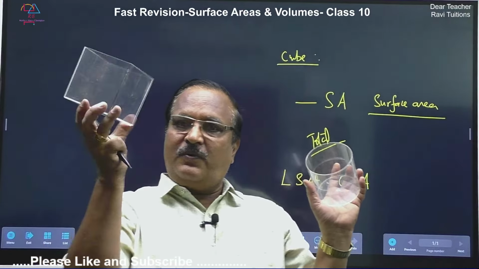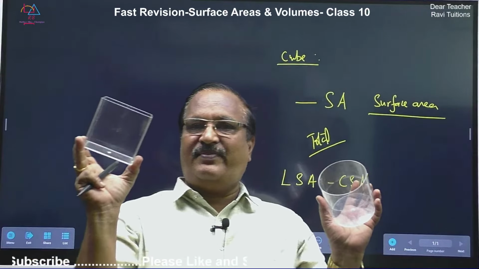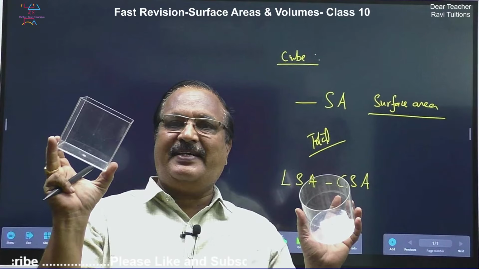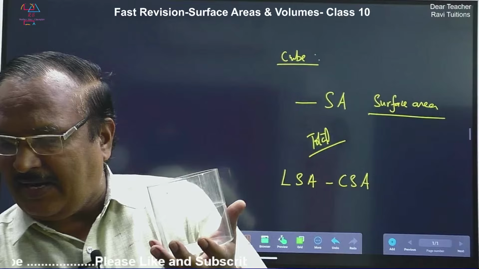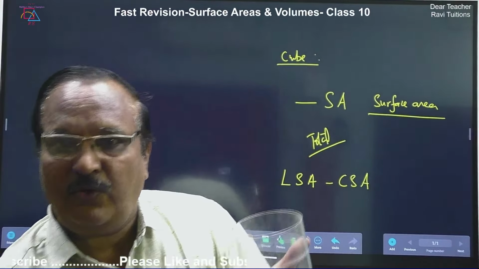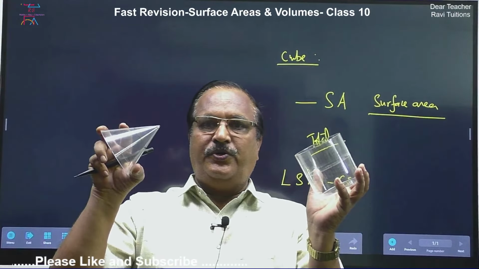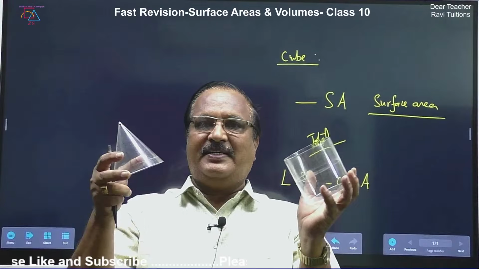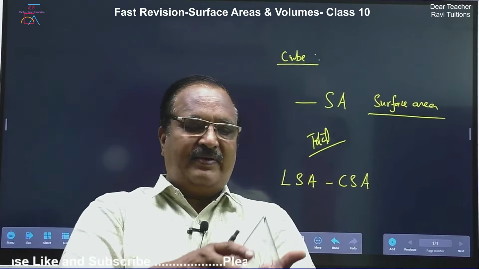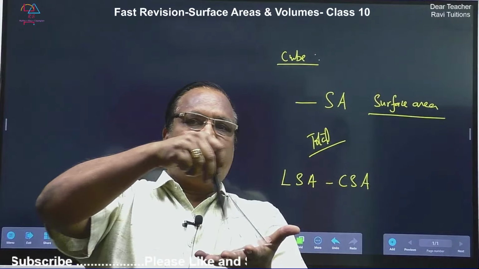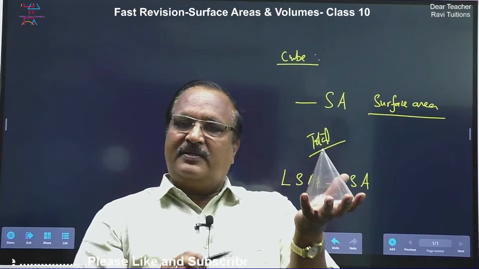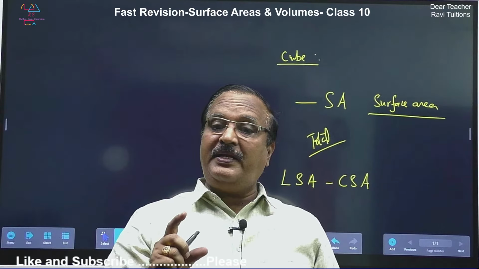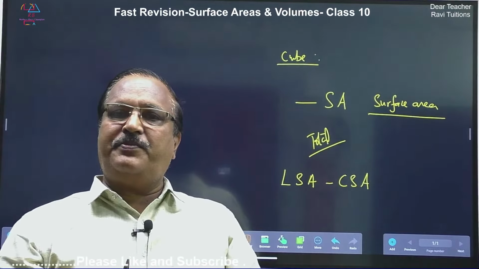For the cube there is no curved surface area. For a cylinder you have a curved surface area, and for a cone also you have a curved surface area. Cone, this is curved surface area, completely curved. How many surfaces are there, that is also very important.